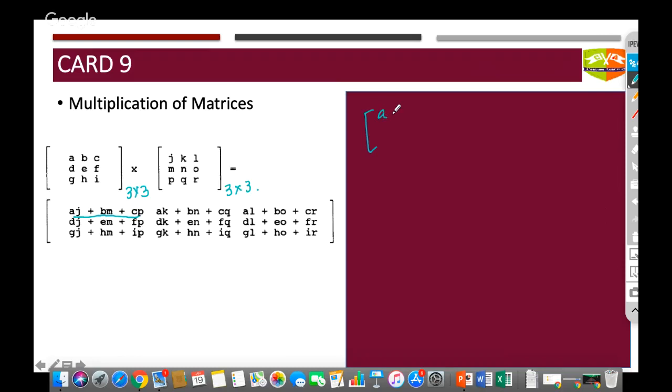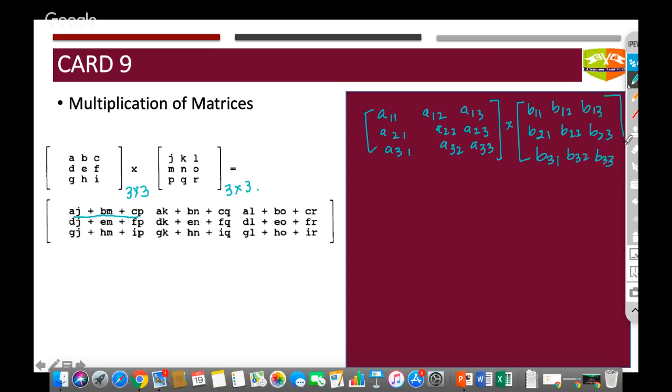If I generalize it, I take A11, A12, A13, A21, A22, A23, A31, A32, A33 multiplied by B11, B12, B13, B21, B22, B23, and similarly B31, B32, and B33.